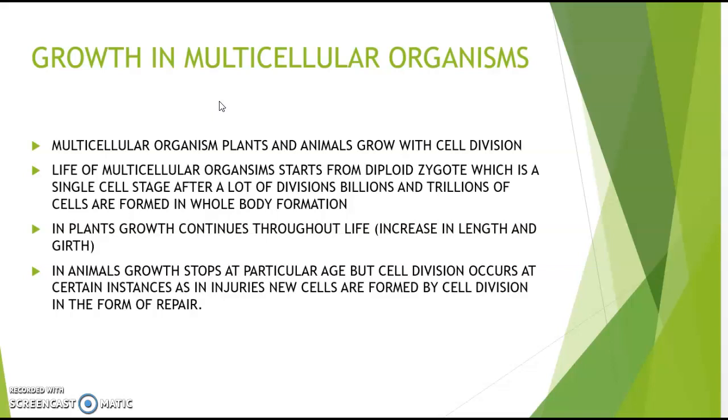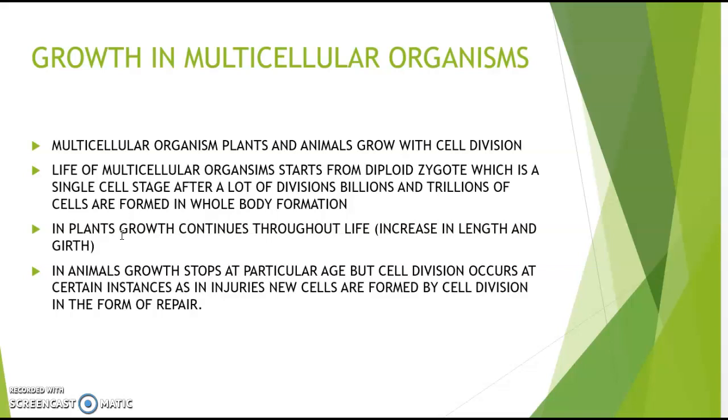The life of a multicellular organism again starts from a unicellular, single cell stage, that is the diploid zygote. In this diploid zygote, a very large number of divisions, again I am repeating, mitotic divisions, will happen, and billions and trillions of cells are formed to make the whole body.